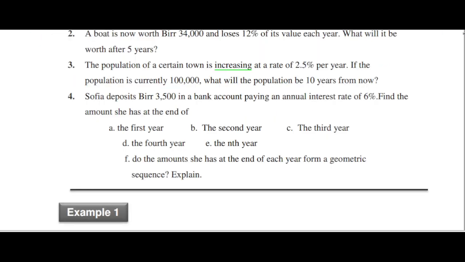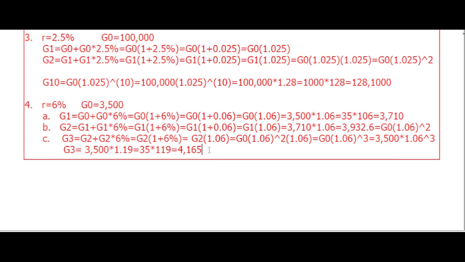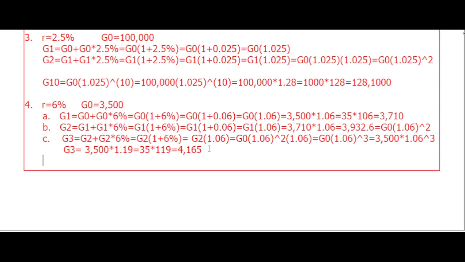Now let's go to question number D. Let's compute G4, which is equal to G0 times 1.06 to the power of 4. We can use this formula. G0 is 3500 times 1.06 to the power of 4.